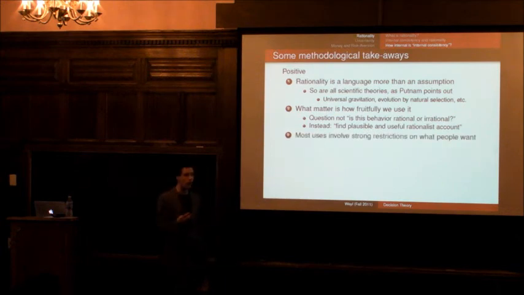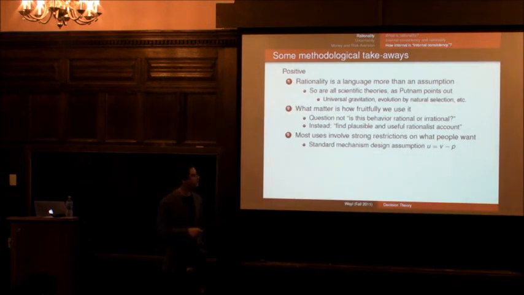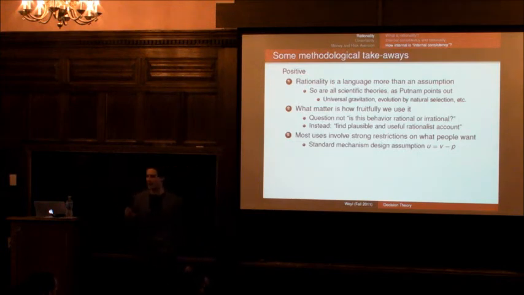And almost all useful and plausible ways of interpreting behavior in terms of rationality require incredibly strong restrictions on how people behave. So, for example, one of the most powerful assumptions is that people have quasi-linear utility. This is going to show up all throughout the course. But we know that we can relax that in a whole bunch of different ways.